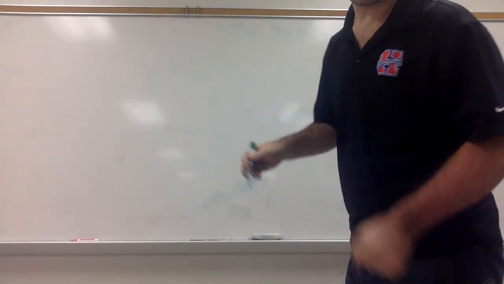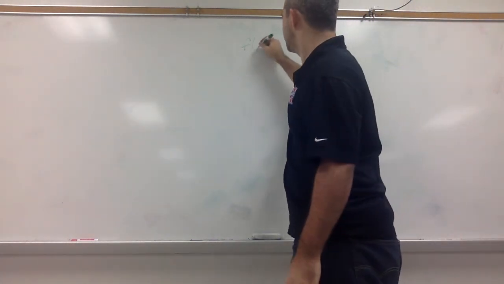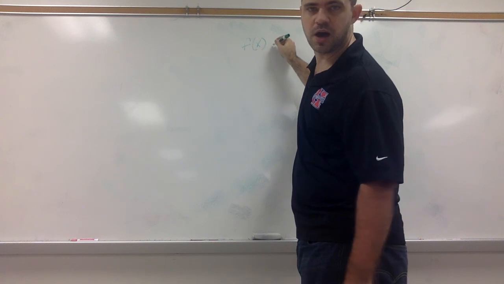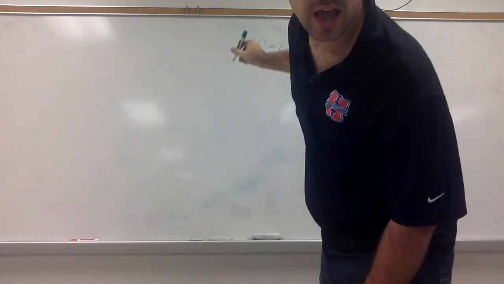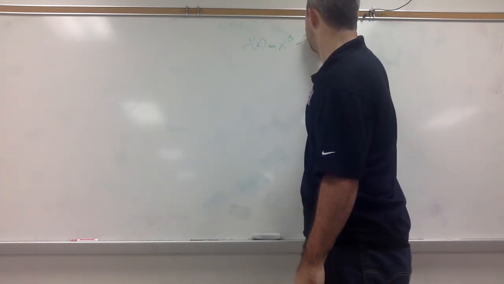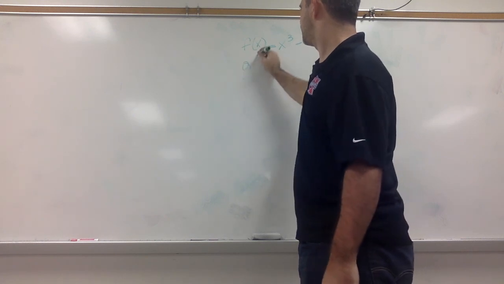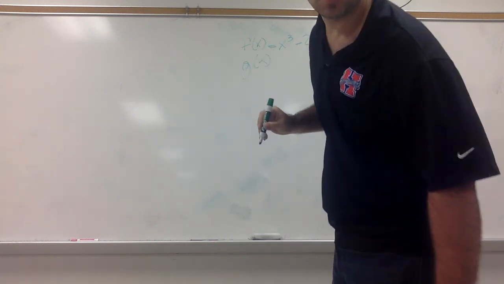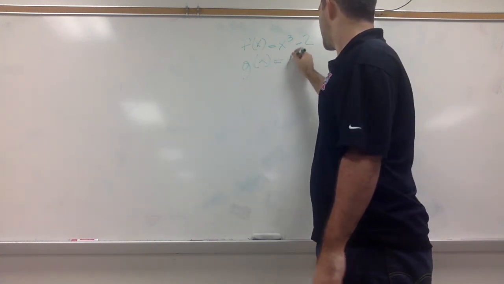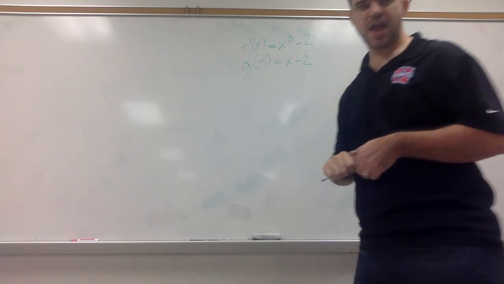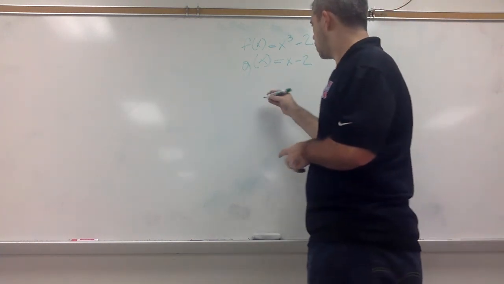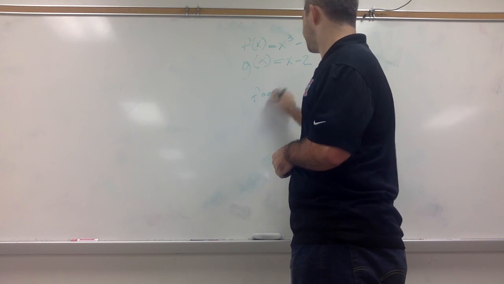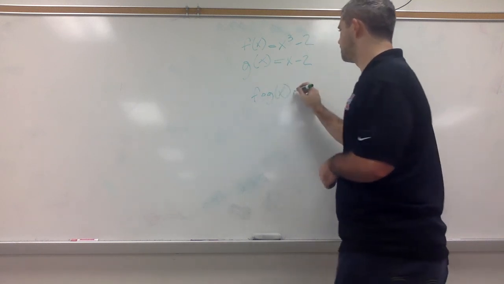All right, so we've got the function f of x equals x cubed minus 2. We've got the function g of x equals x minus 2. And it wants to know what f of g of x is.